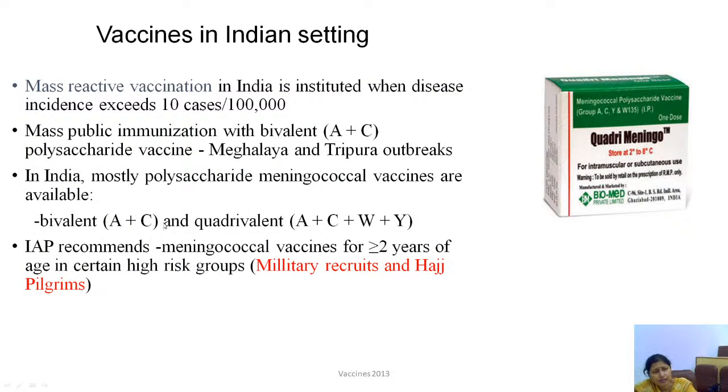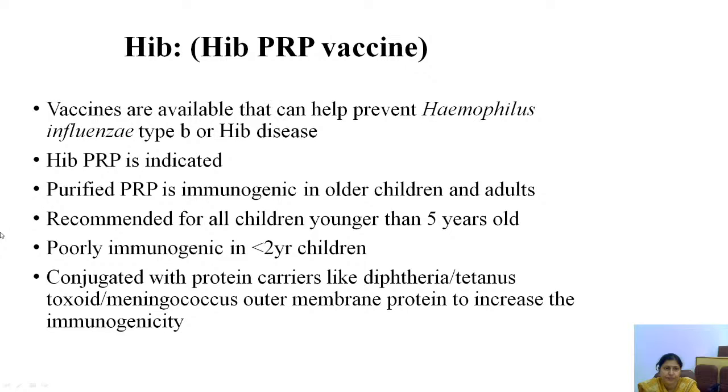In India also we have bivalent and quadrivalent vaccines, which have been given in the Meghalaya and Tripura outbreaks. Okay, and the IAP program recommends the meningococcal vaccine for more than 2 years of age in certain high risk groups, especially military recruits and Haj pilgrims.